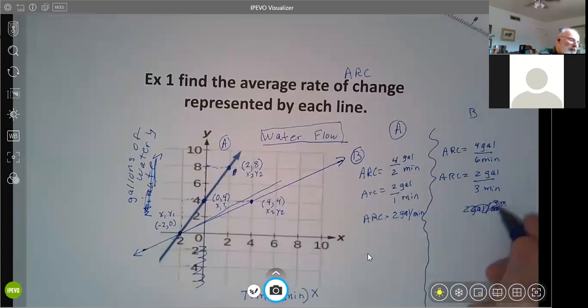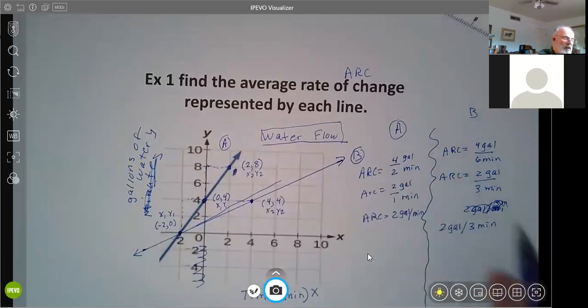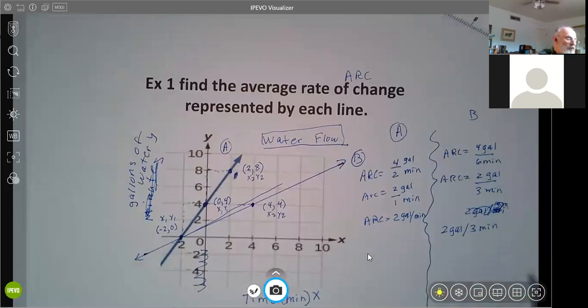Let me move that over just a little bit. 2 gallons per 3 minutes. So that's a considerably slower, of course, fill rate, okay? All right, so that's basically what rate of change is all about.